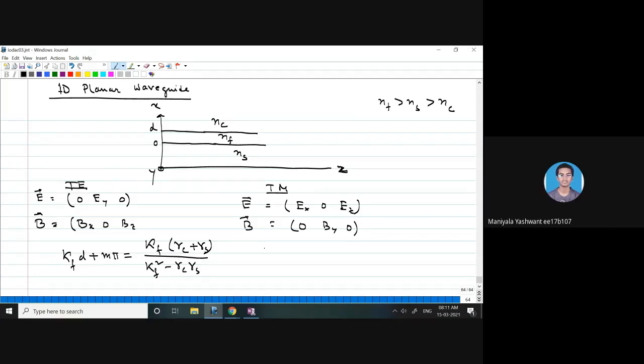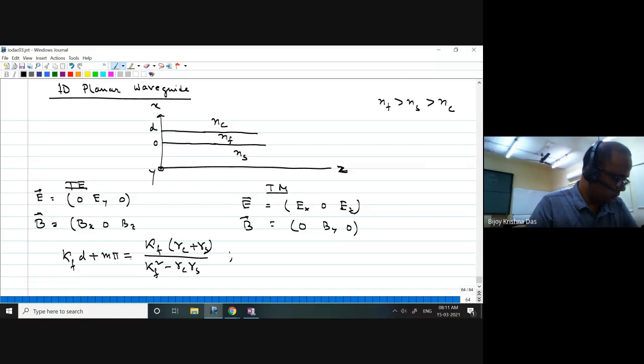Sir, there is a tan inverse here. Tan inverse, right? That should be tan inverse, sure. Yeah, sure. Let me clarify.